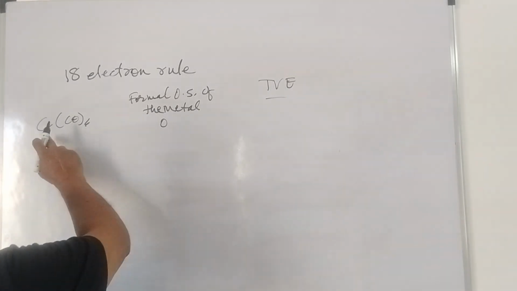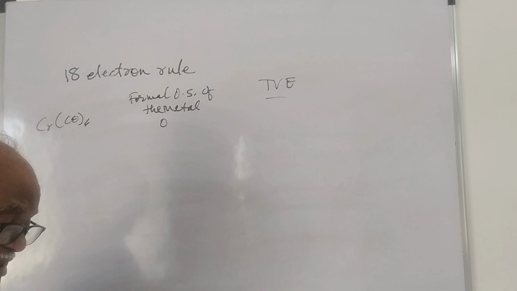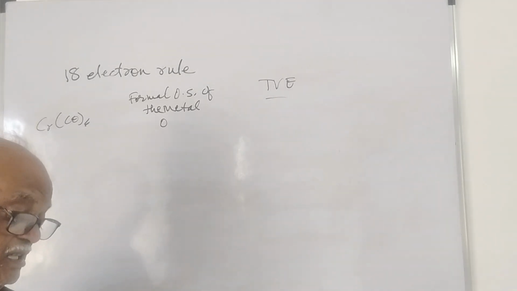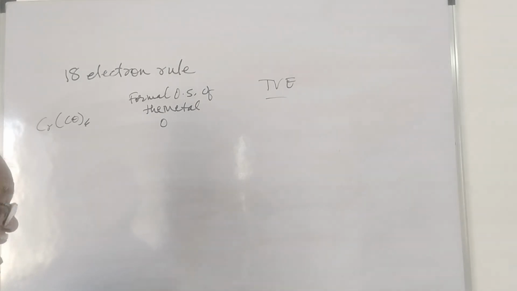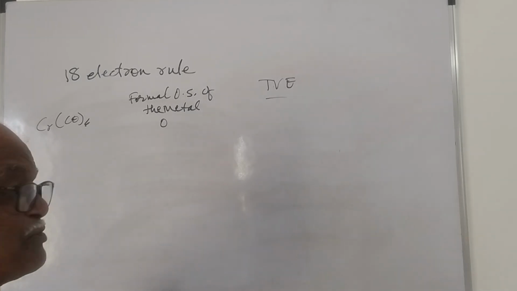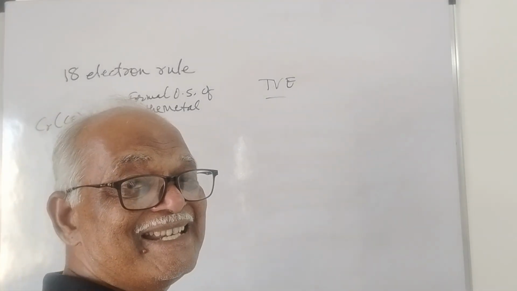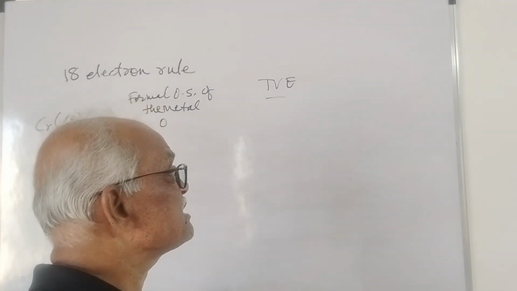The chromium contributes 6 electrons, because in this series, scandium, titanium, vanadium, chromium, there are 4 electrons in the D subshell and 2 in the S subshell.